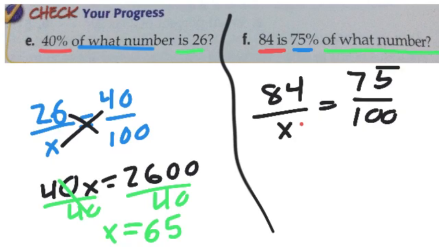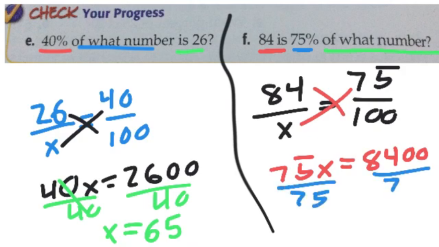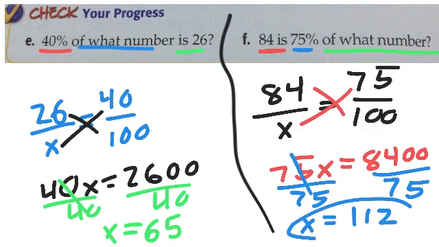Fraction equal to a fraction, cross multiply. 75 times x is 75x. 84 times 100 is 8,400. And now I want to get x by itself. X is being multiplied by 75. So I'm going to divide by 75 on both sides. That leaves me with x on the left side. And then on the right side, plugging that into my calculator, I get x has to be 112.